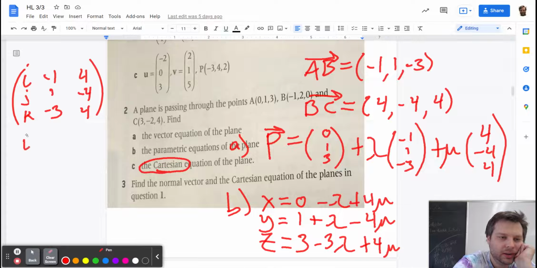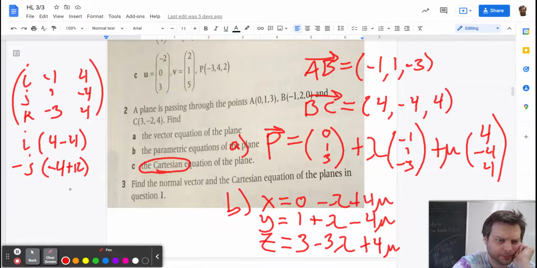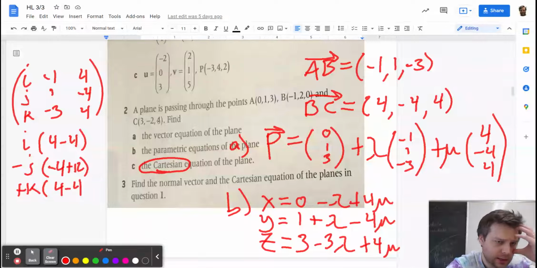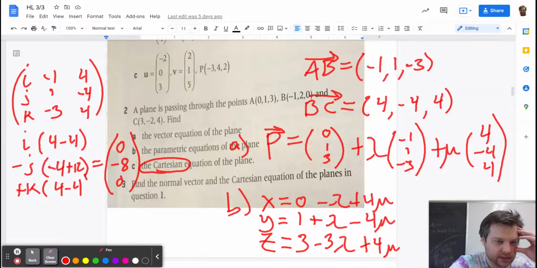So we get i times 4 minus 4, minus j times negative 4 plus 12, plus k times 4 minus 4. That's weird, but I don't think I made a mistake there. So that gives me 0, negative 8, and 0.